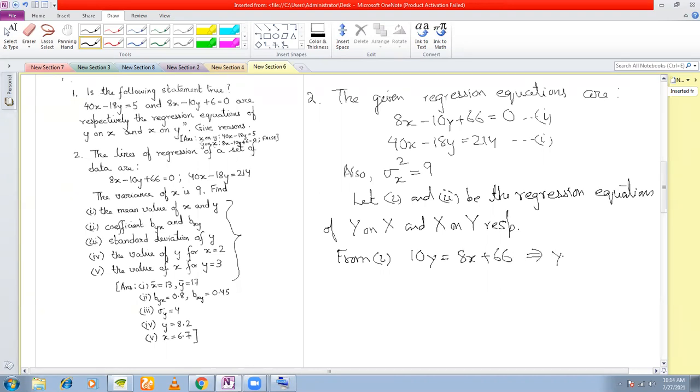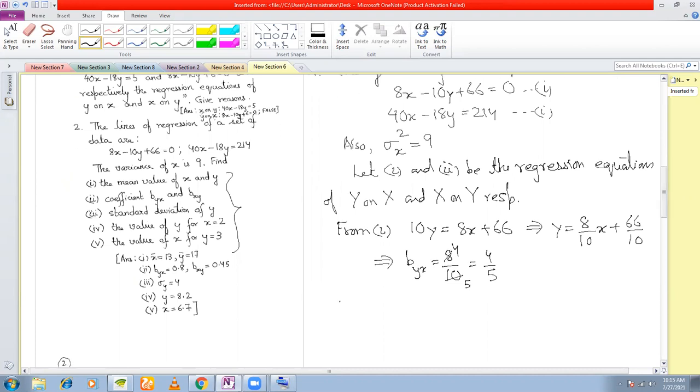That means you get y is equal to 8 by 10 x plus 66 by 10. So that means byx must be equal to 8 by 10, which is equal to 4 by 5. Now, because we have assumed 2 to be the regression equation of x on y, we make x the dependent variable and write this as 40x is equal to 18y plus 214.